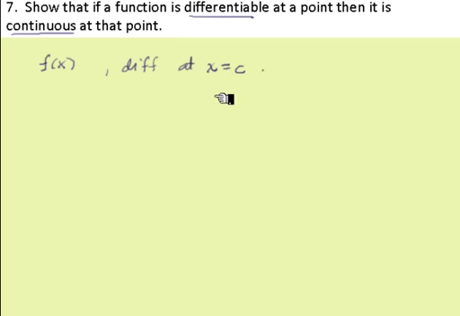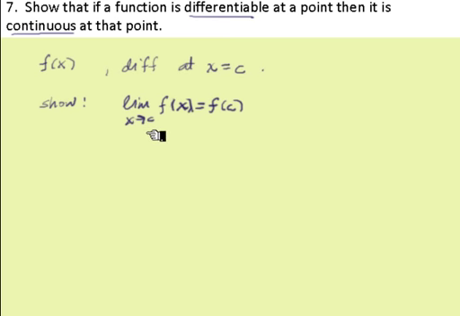All right, so what we want to show is that the limit as x goes to c of f of x is equal to f of c, and that would be enough to show that it's continuous.